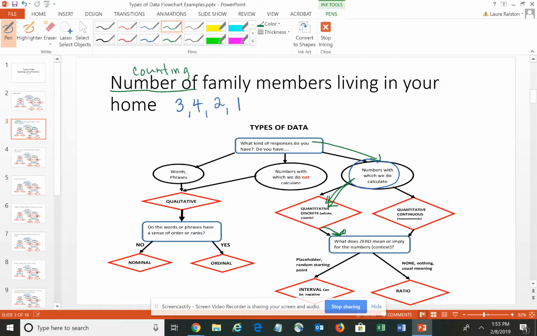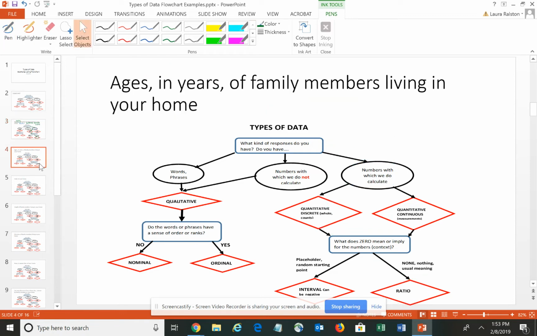Well, if I say I have 0 family members living in my home, that would imply I have none of them. So I would have quantitative discrete. The red diamonds give you your ultimate result: quantitative discrete, and it's at the ratio level of measurement.